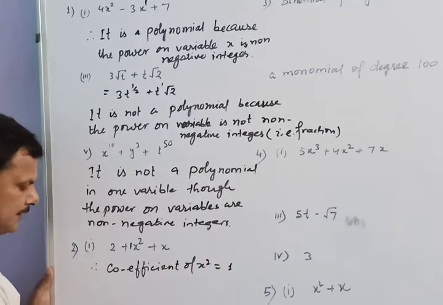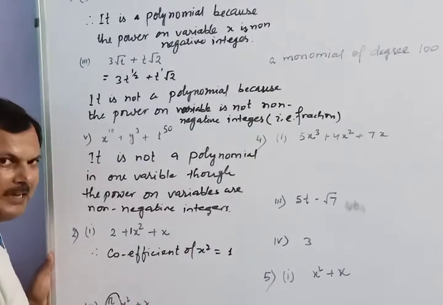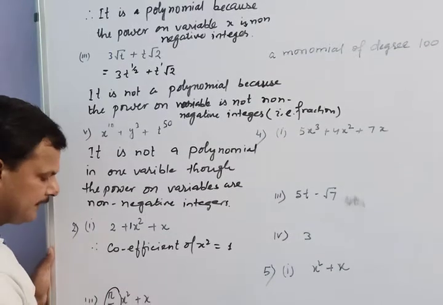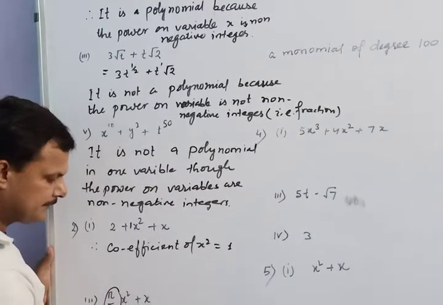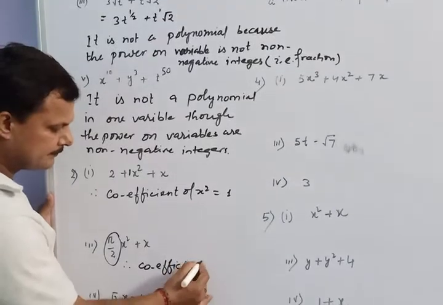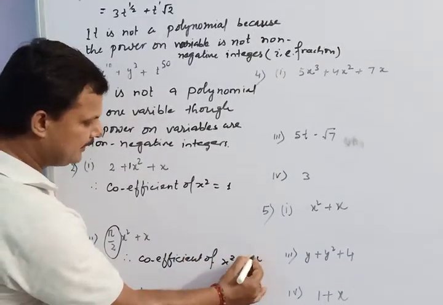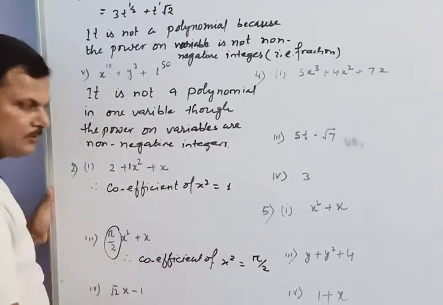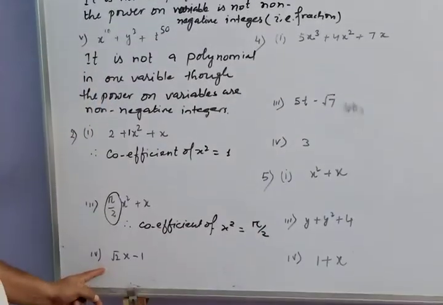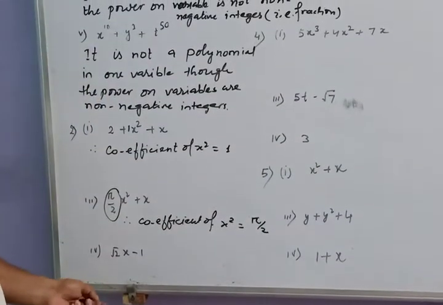In this question, the coefficient will be pi by 2. Similarly, we will write the coefficient of x square is pi by 2. In this question, x square is not given. It means the coefficient of x square is 0.